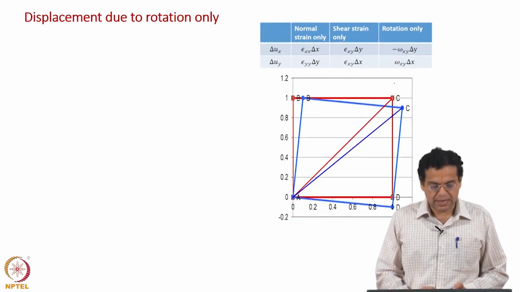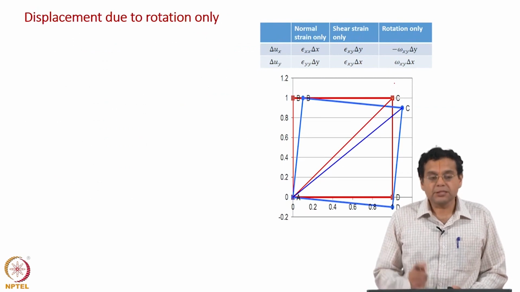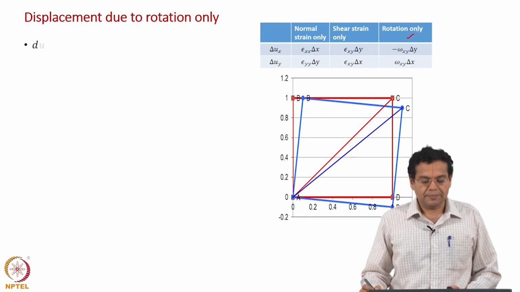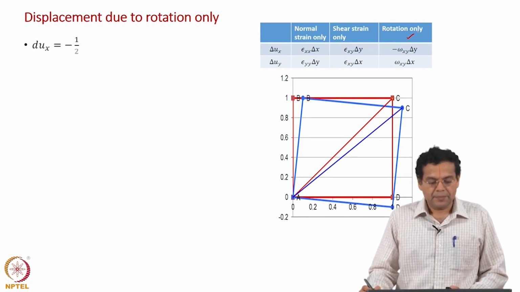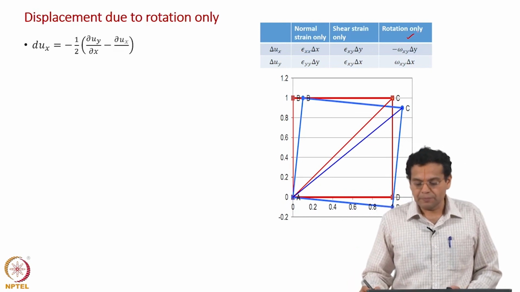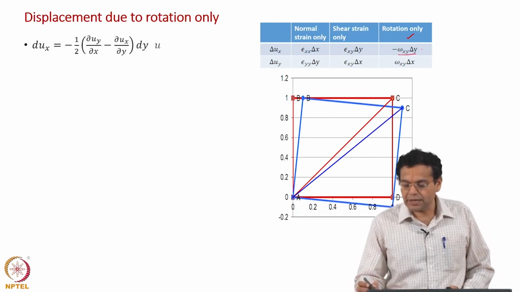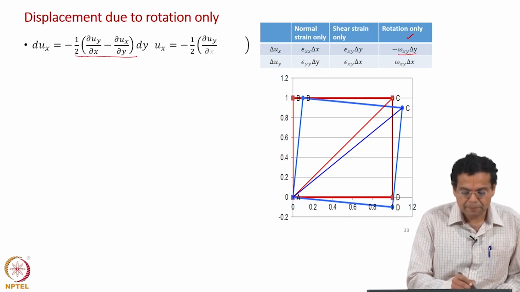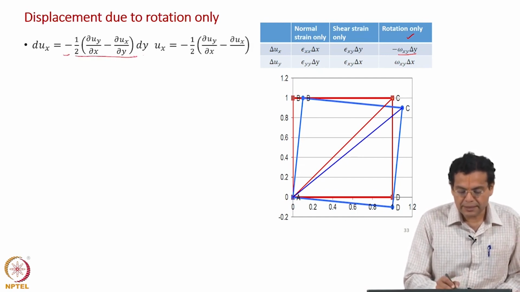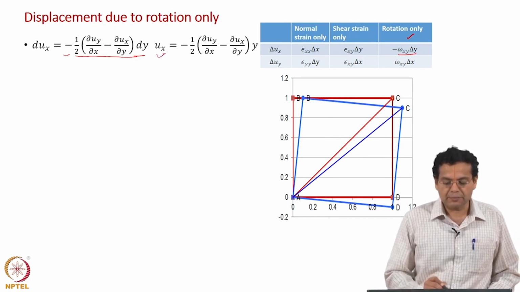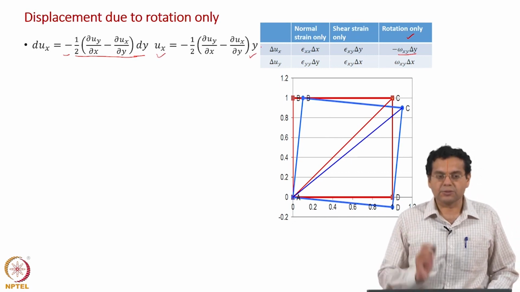Now the last one, displacement due to rotation only. So, we should consider the third column. What is the expression? The difference in displacement is equal to minus omega xy into delta y, that is what is written here. As we have done earlier, left hand side becomes ux, right hand side becomes just y.